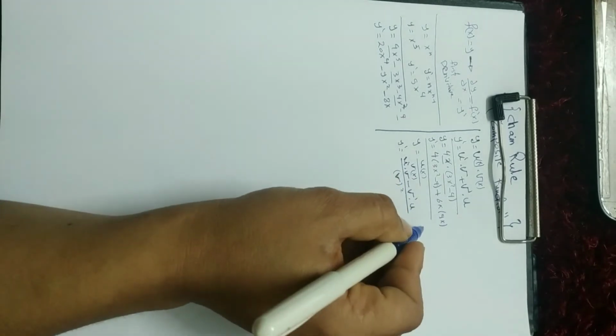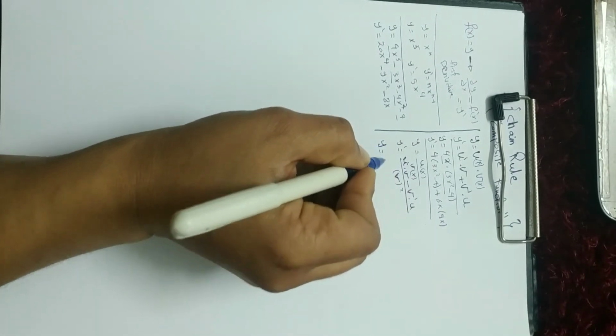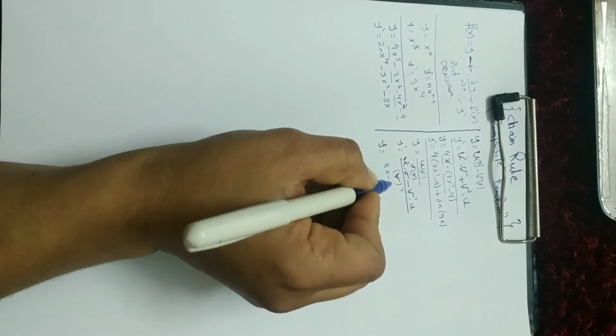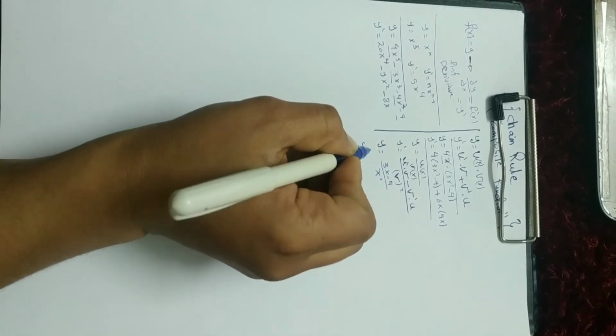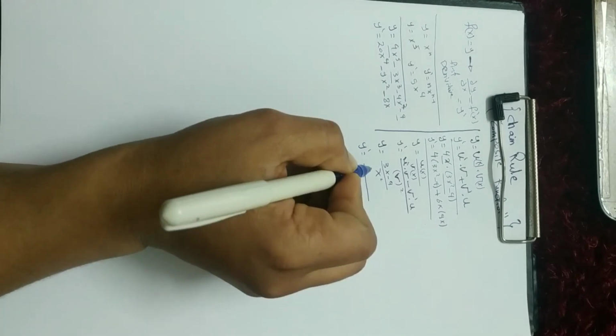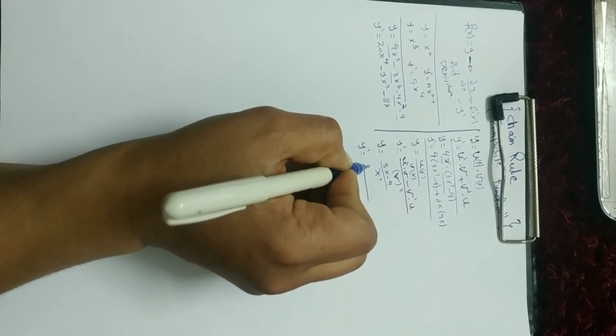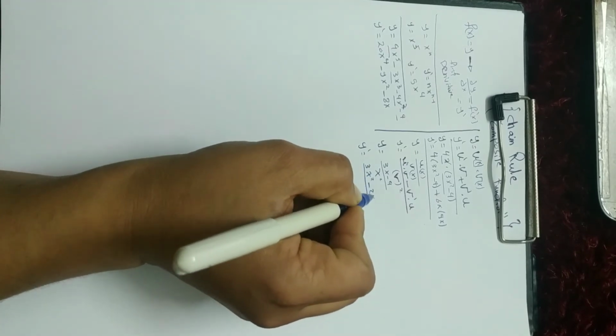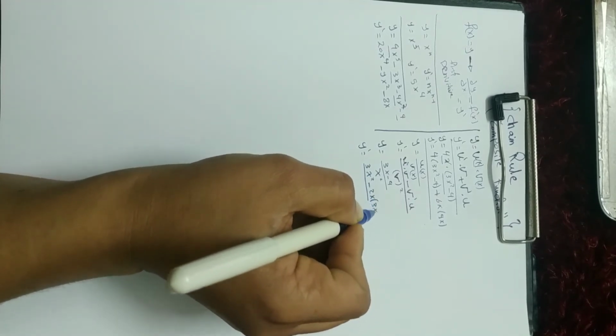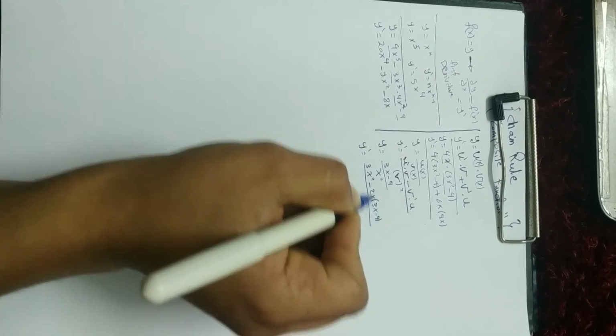If we have y equal 3x minus 4 over x^2, then y prime will be derivative of the numerator 3 multiply denominator as it, minus derivative of denominator 2x multiply numerator as it, over denominator square.